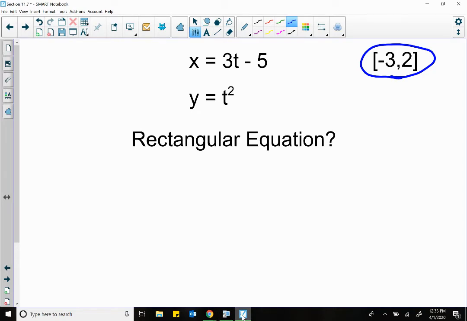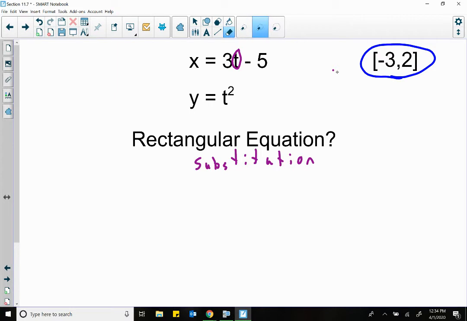Now, in this one, here's what's cool. It's going to be kind of like substitution. What we're going to do is get this t by itself, and once we know what t equals, we can take our equation and plug it into y and get the rest of everything that we need.